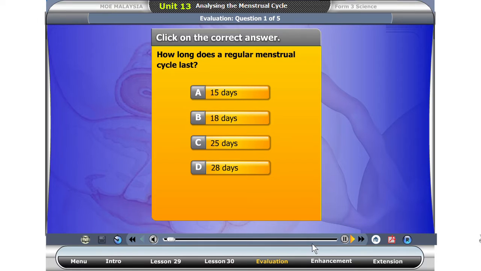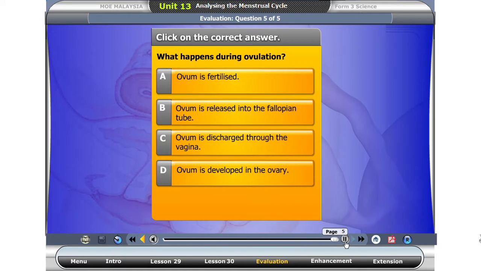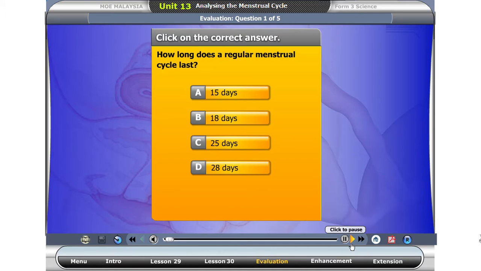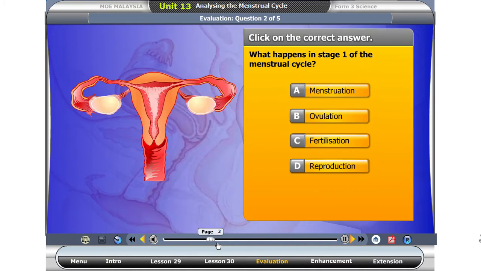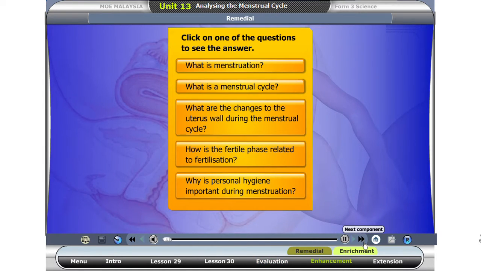How long does a regular menstrual cycle last? Click on the correct answer.